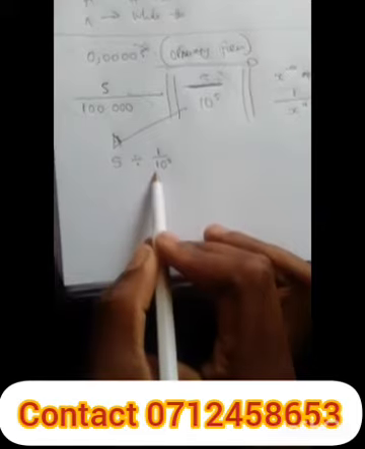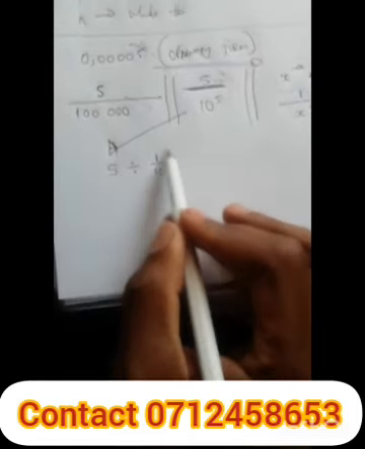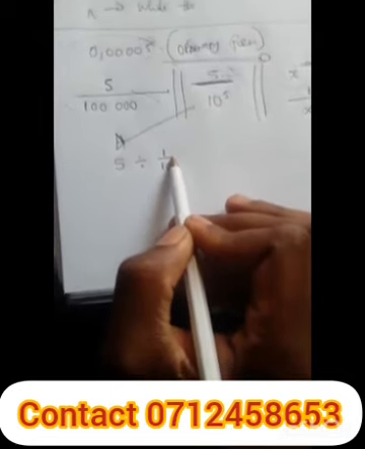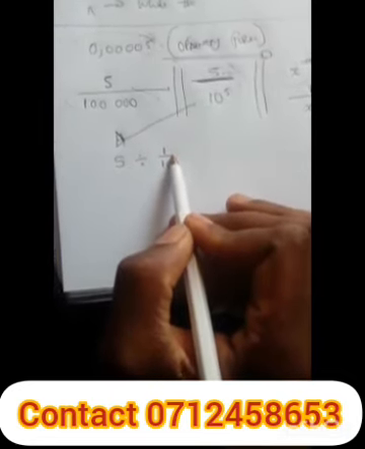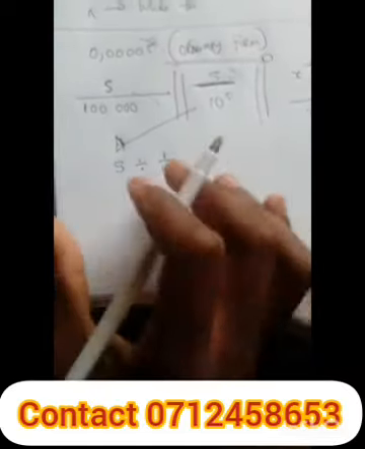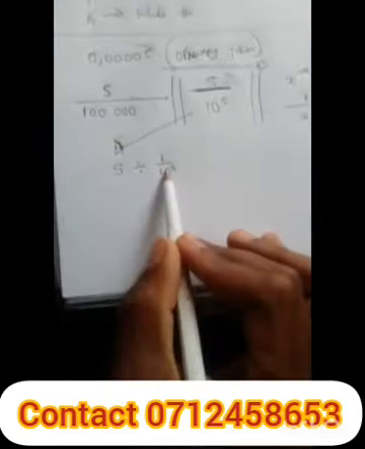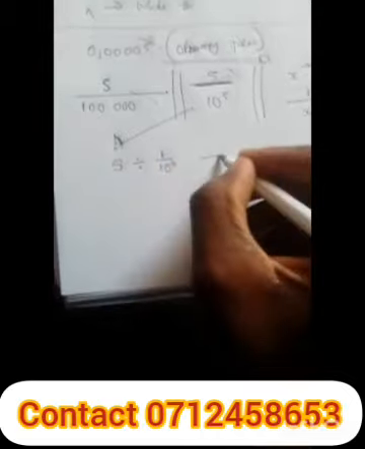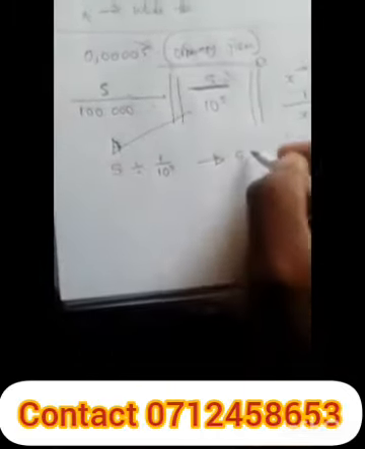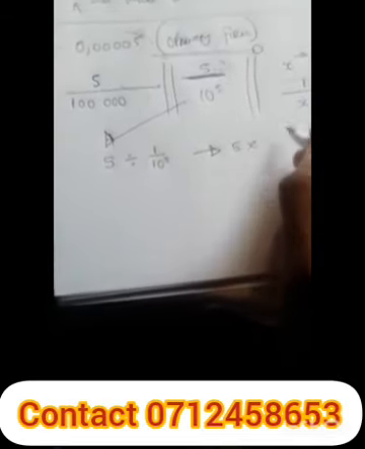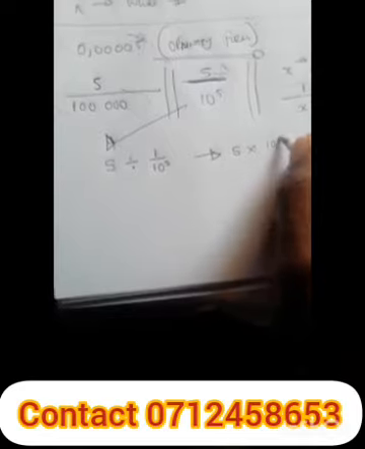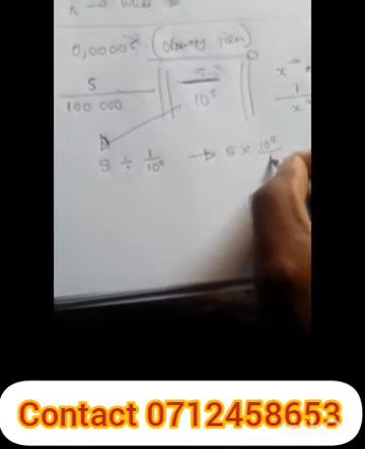Since on division we change the sign to multiplication, we say 10 over 10 to the power 5 over 1.